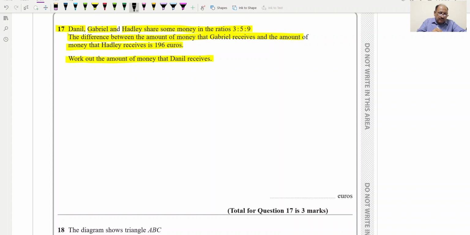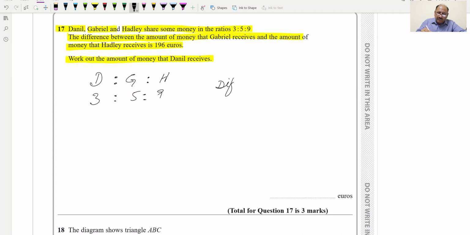So we can write, 3 people are there, so D, G and H. I'm taking the first letters of their names, and this is 3:5:9.